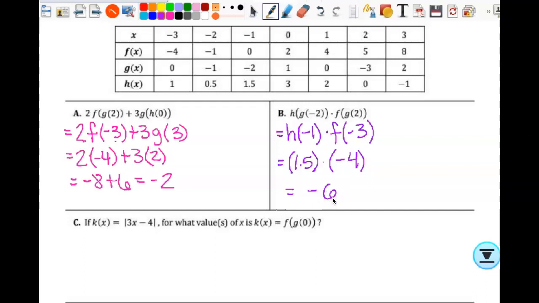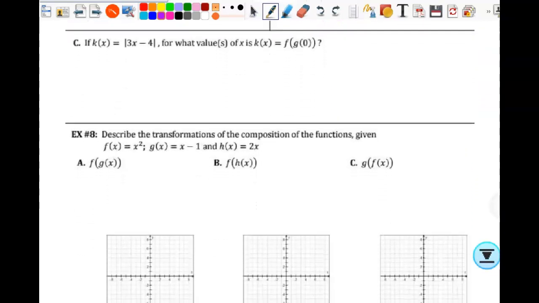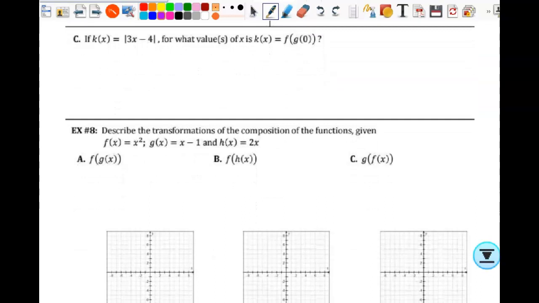Everybody good? Okay. All right, so then it says if k of x equals the absolute value of 3x minus 4, for what values of x is k of x equal to f of g of 0? Is k of x something that we can calculate from this right here? No, right?